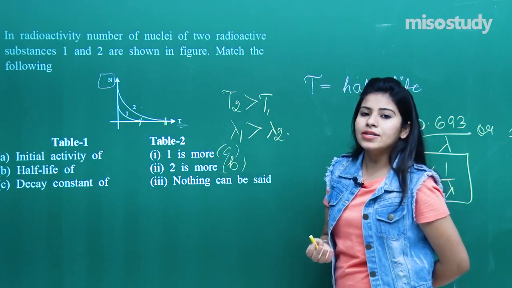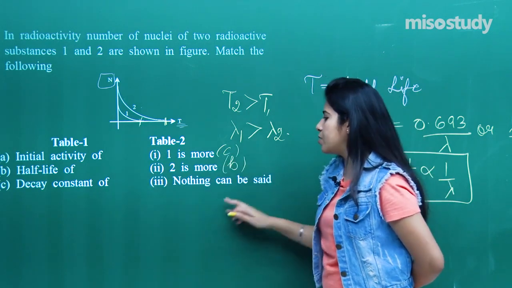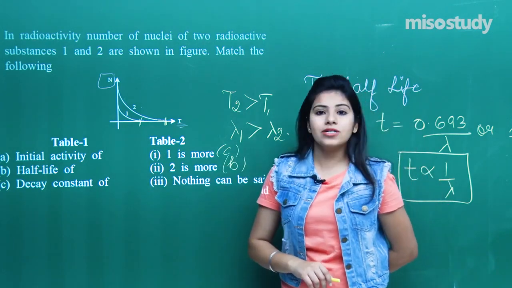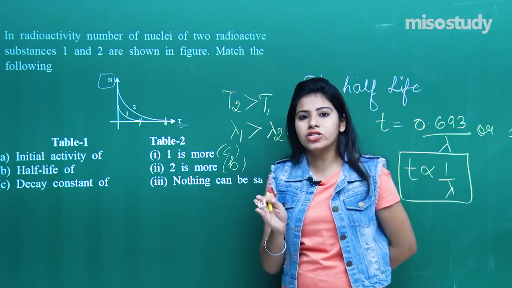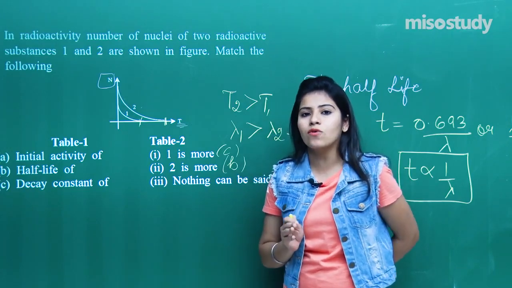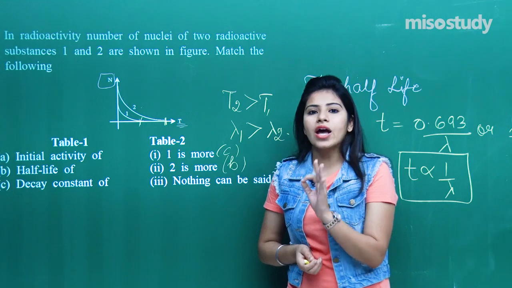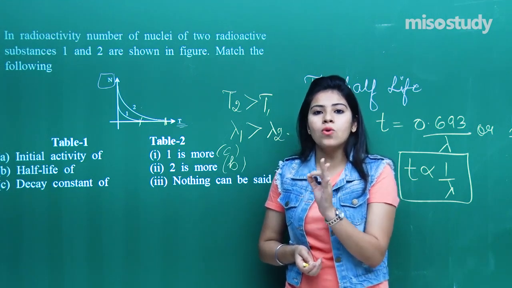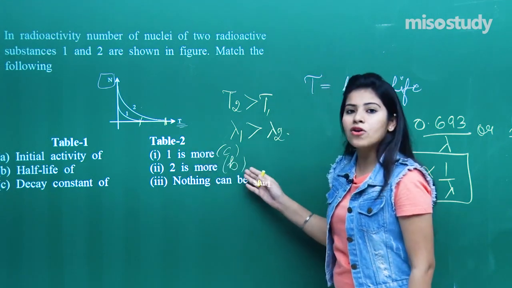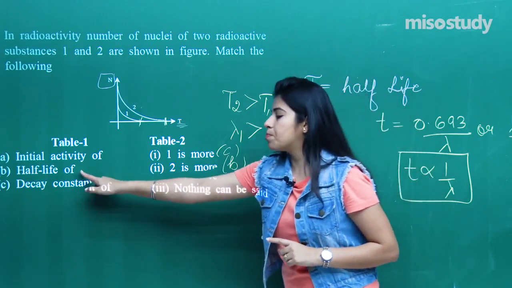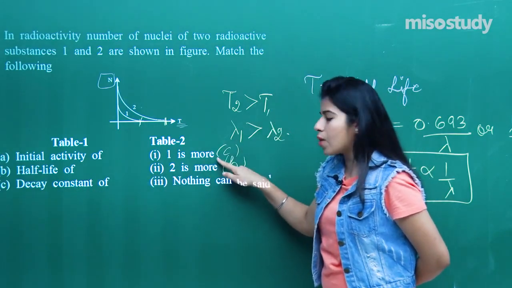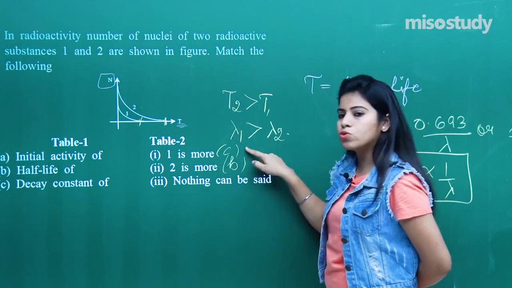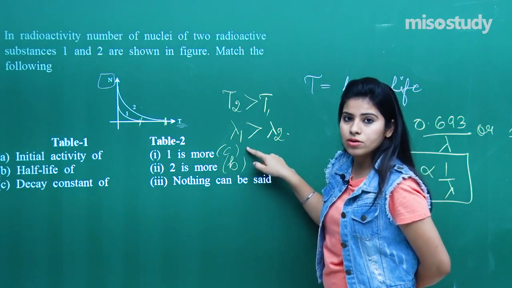Definitely we can say that A must be the third option, but no. As we have done in the previous chapter's questions, we have seen questions where you have multiple answers for one particular option. That means the half-life of either 1 is more or 2 is more can be the correct answer.